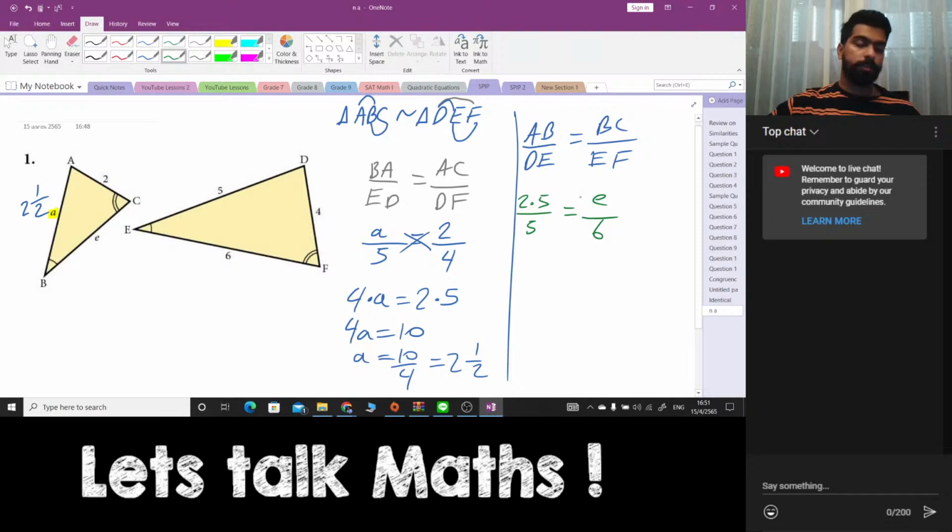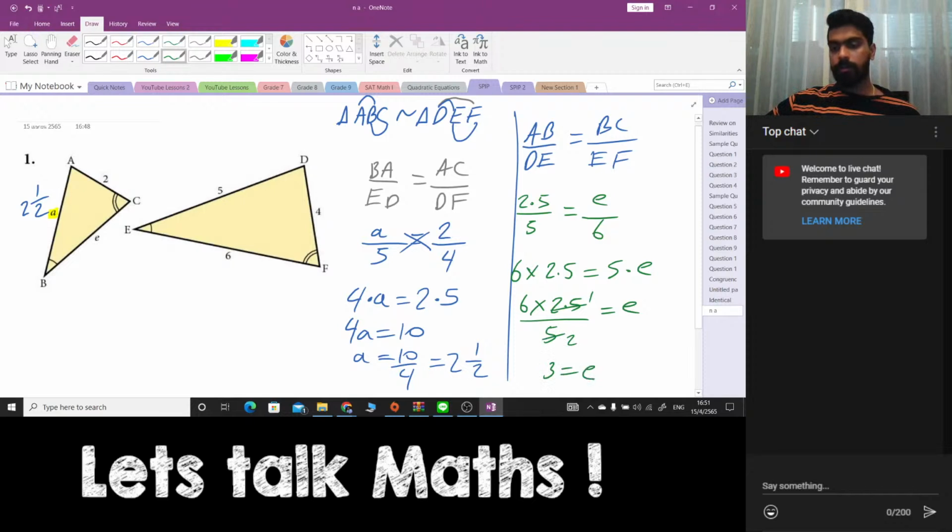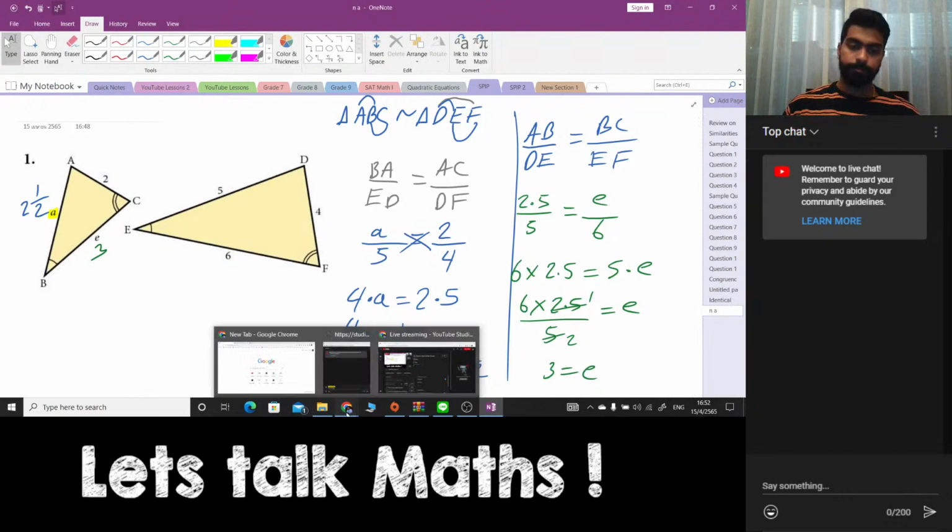Now let's cross multiply. 6 times 2.5 is equal to 5 times E. So 6 times 2.5 divided by 5 is equal to E. Now we can simplify, and 6 divided by 2 is equal to 3. Therefore, our value of E is equal to 3.